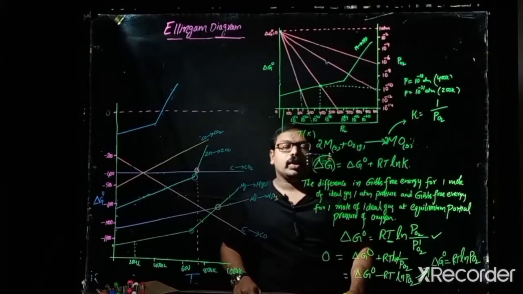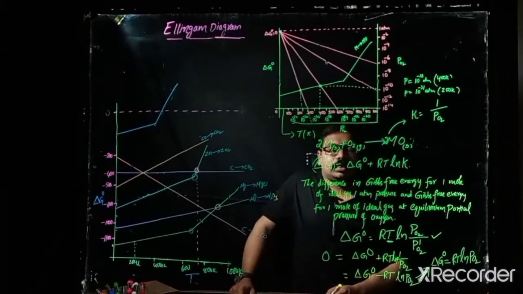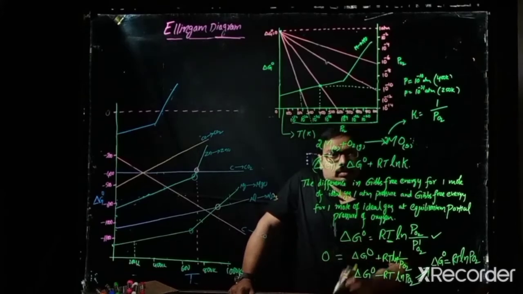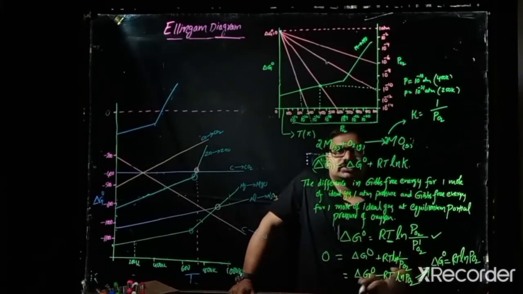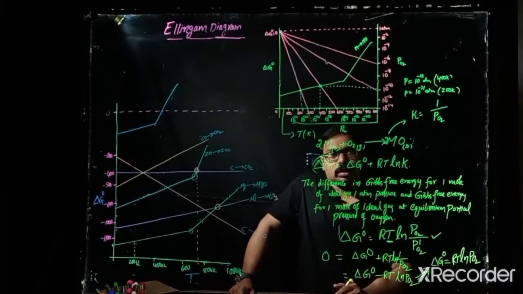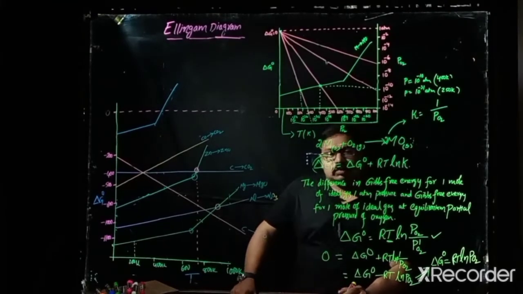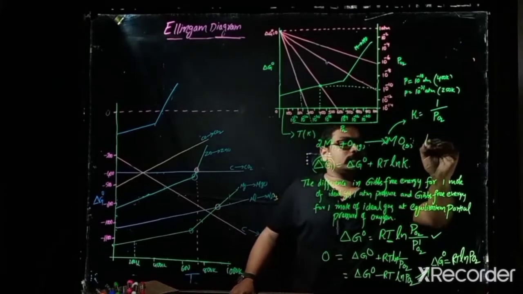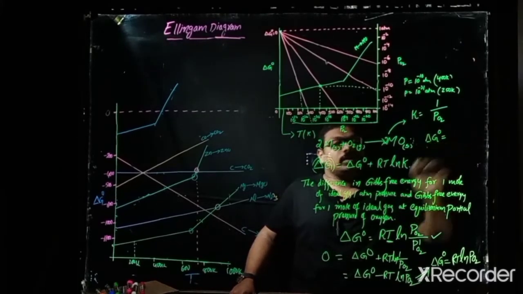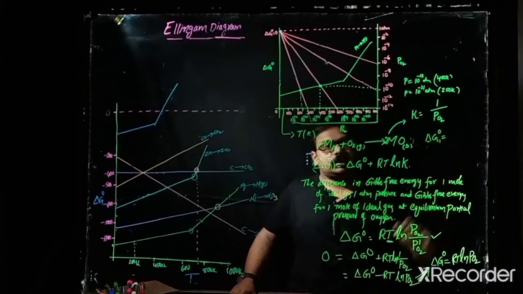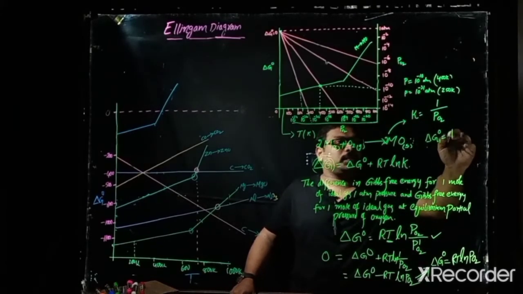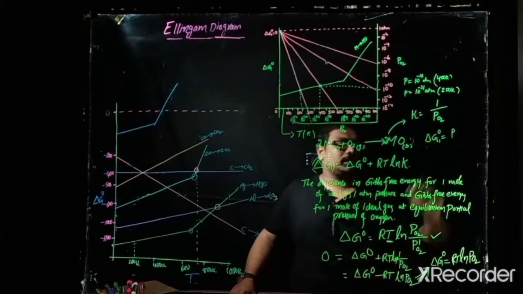Then we have to take the difference for 1 mole of ideal gas at 1 atmospheric pressure. We are finding the standard Gibbs free energy for 1 mole of ideal gas at 1 atmospheric pressure, and also calculating the standard Gibbs free energy for 1 mole of ideal gas at equilibrium partial pressure.